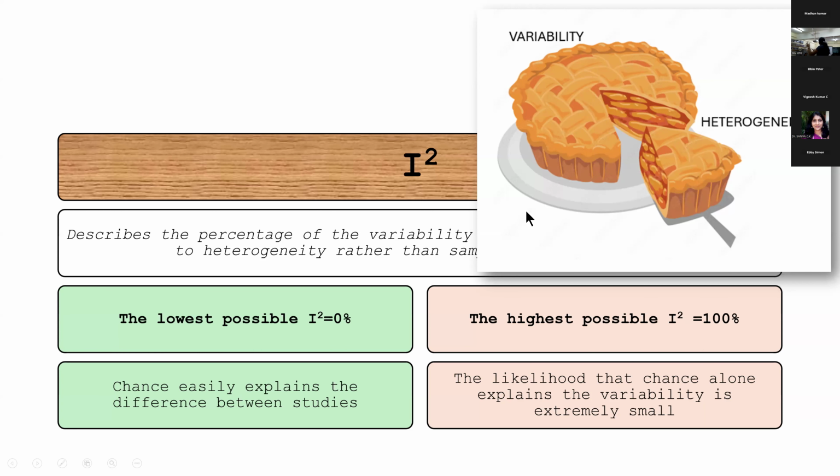That means out of the whole variability, how much of that slice of the pie is actually because of heterogeneity? The size of the slice is basically your I-square. If your I-square is 0%, you don't have a slice at all. Your entire variability is because of chance and not due to heterogeneity. On the other hand, if your I-square is 100, the entire pie is because of heterogeneity and not due to chance.